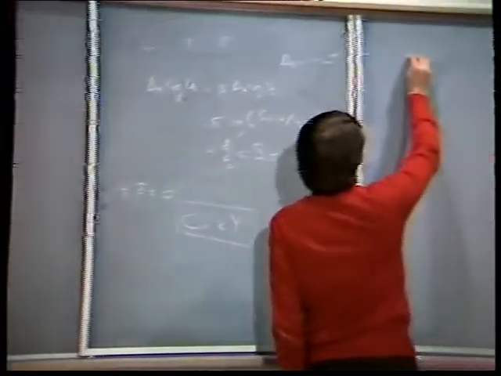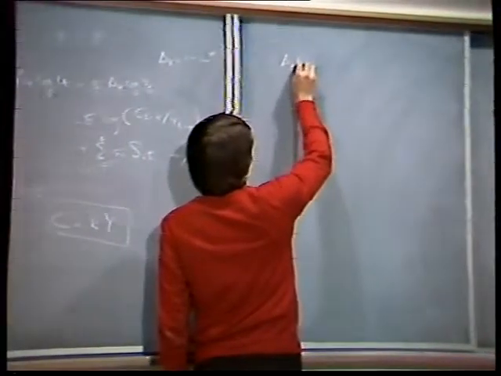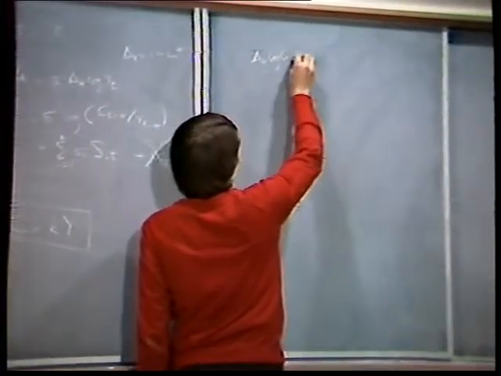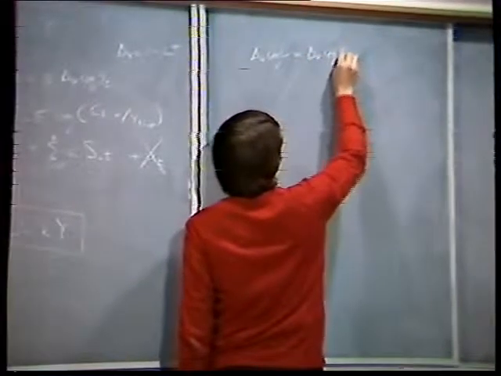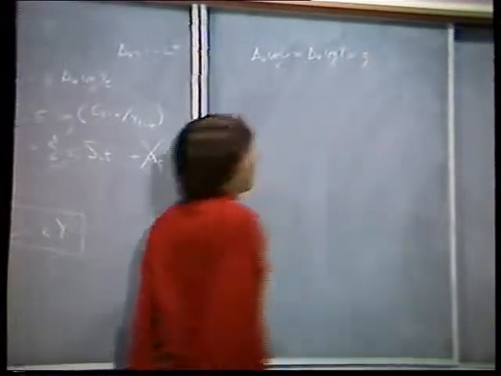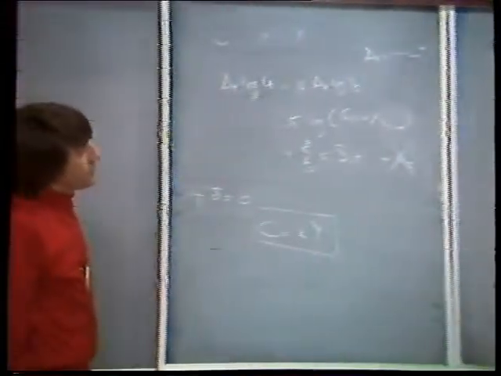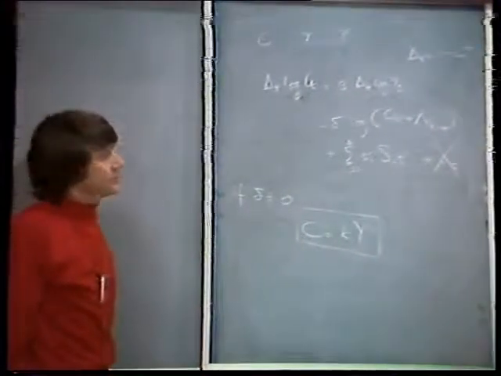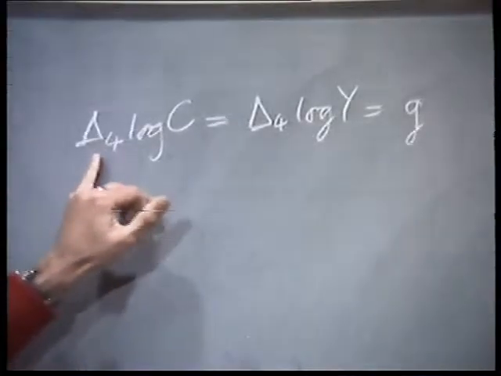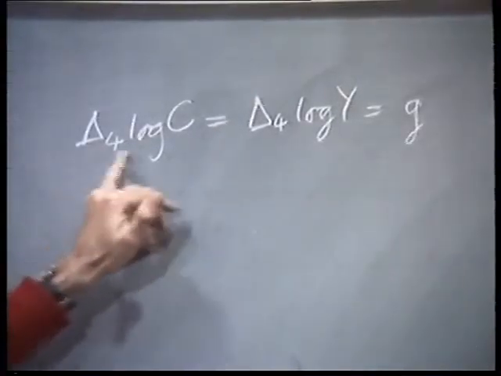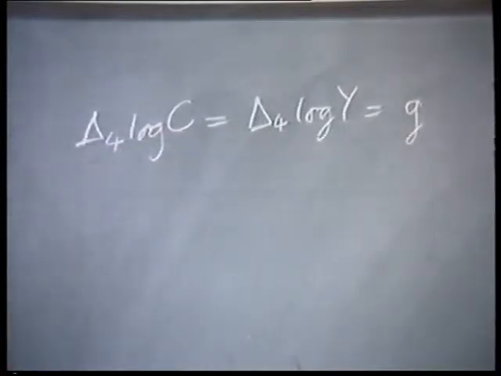So we're now assuming that in the long run delta 4 log of C is equal to delta 4 log of Y, and both are equal to a given growth rate, G. And what we're doing here is saying that delta 4 is acting like a differential operator on the log of C, and therefore we're getting a growth rate.